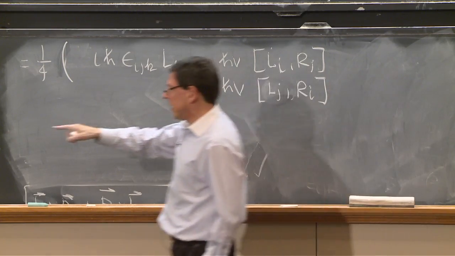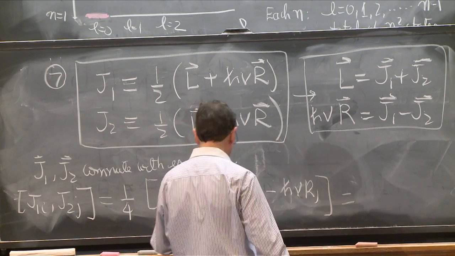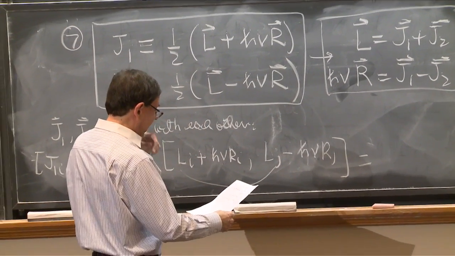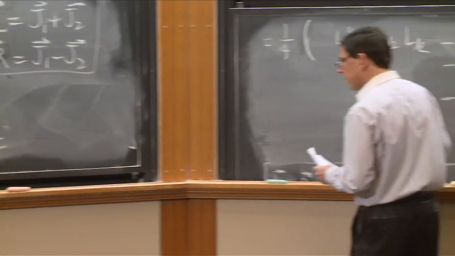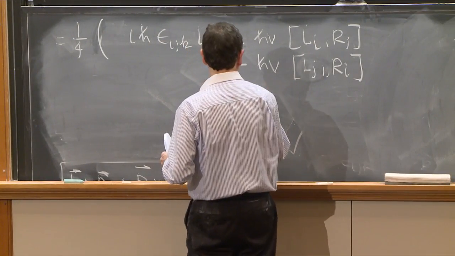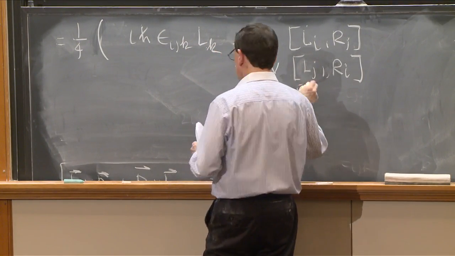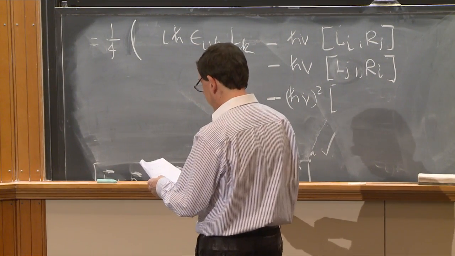And then finally, we have this thing, the H nu with H nu, Ri Rj. So I have minus H nu squared, and you have then Ri Rj.